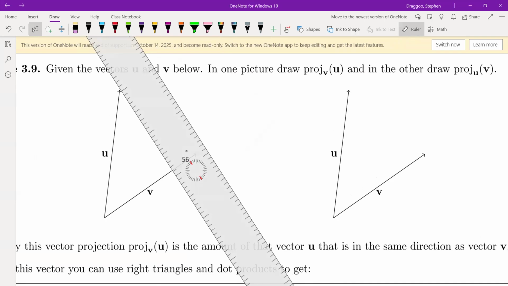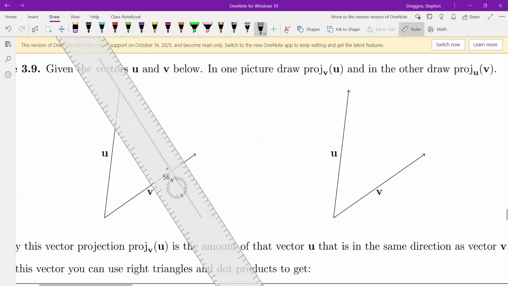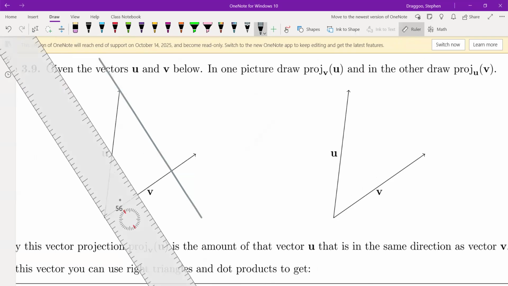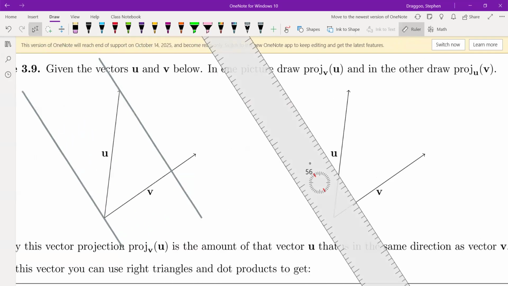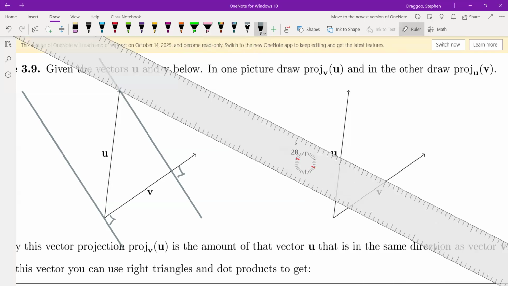And go look at my initial and terminal point for u and draw in those perpendicular lines. Cool. So I've got those lines right there.